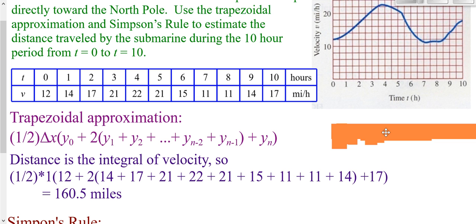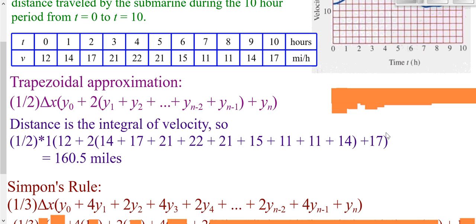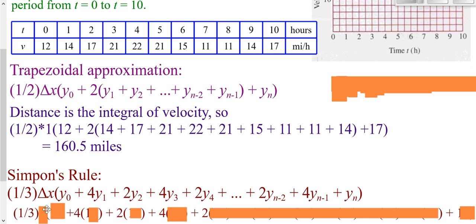We could also go ahead and use Simpson's rule here. For Simpson's rule, it's 1/3 what you're going up by each time. And once again, we were going up by 1 unit each time for your change in x. Then you have your first height, which once again is 12.